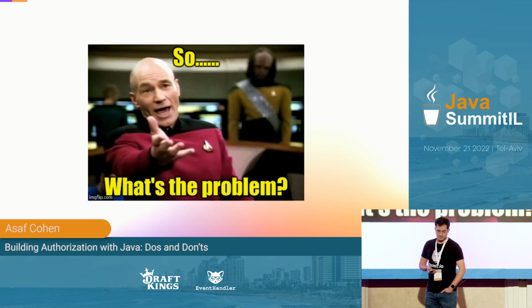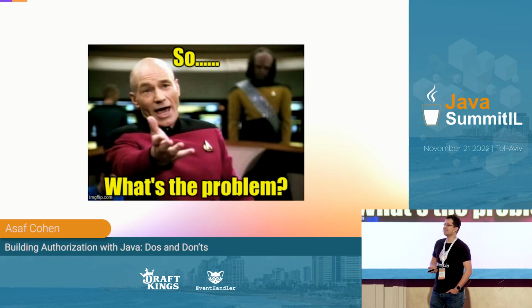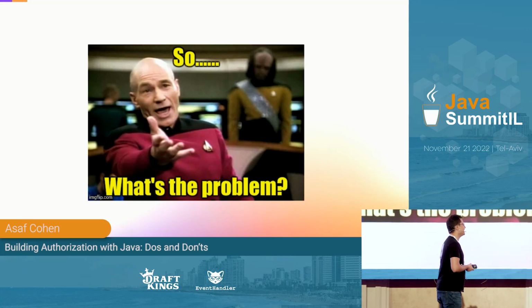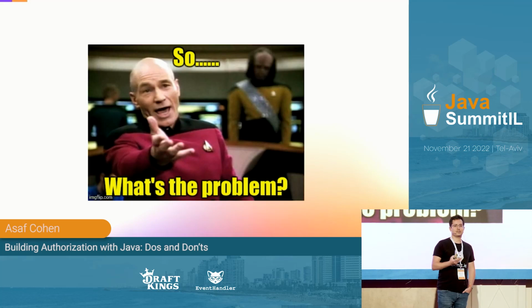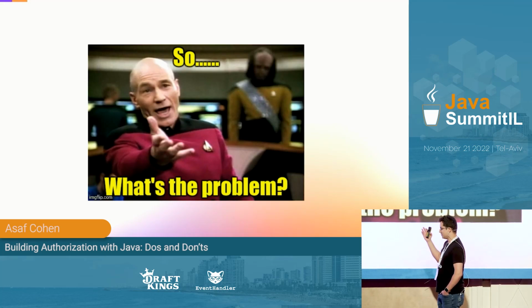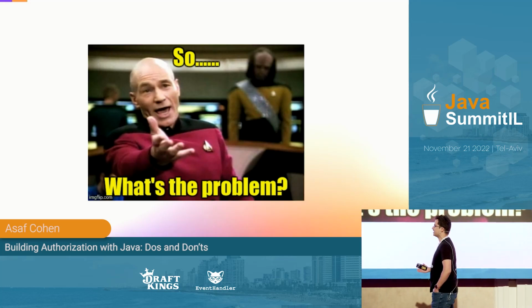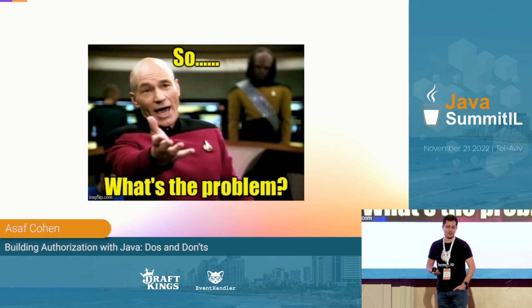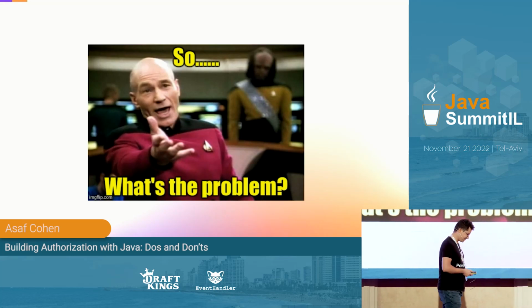It might look easy, right? Let's just create a table in our database and store all the roles that we want, all the permissions that we want, have some kind of huge dictionary in our RAM that says this role is allowed to access this permission, and that's it.